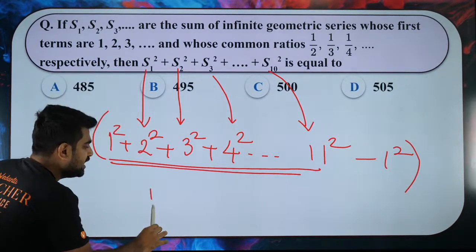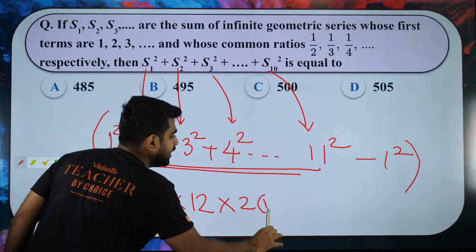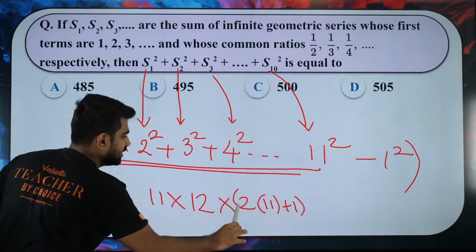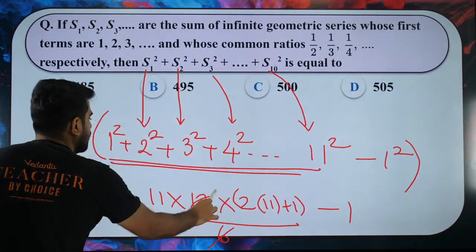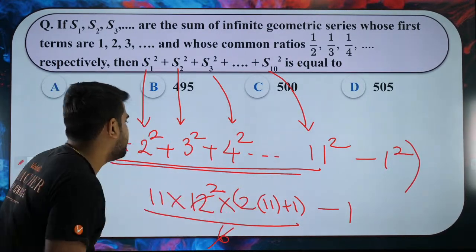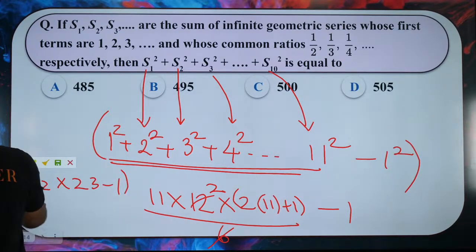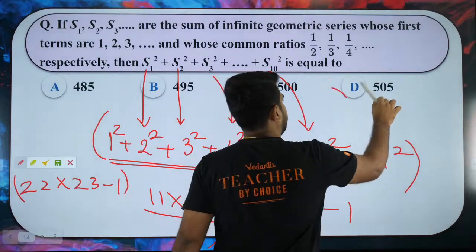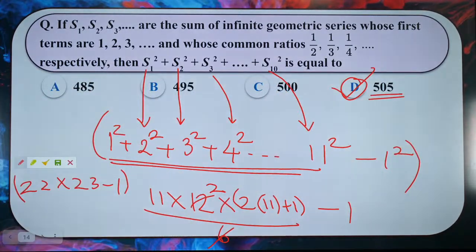What is the formula? n into n plus 1 into 2n plus 1 by 6, minus 1. So this will be 22 into 23 minus 1. That will be 506 minus 1, 505. So 505, my dear students, you guys are absolutely awesome.